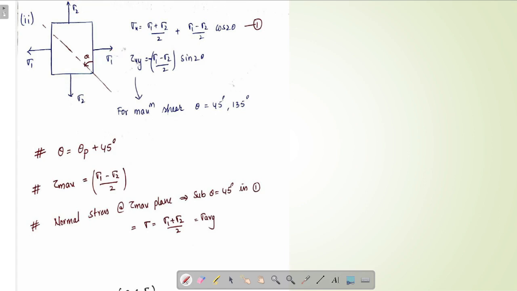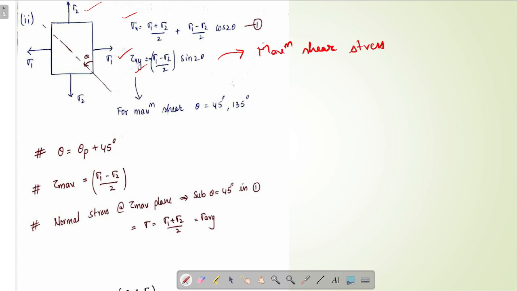Now we came to the conclusion that sigma 1 and sigma 2 act on principal planes, and at a particular angle theta, normal stress and shear stress are given by these formulas. Now let's see what the maximum shear stress is.